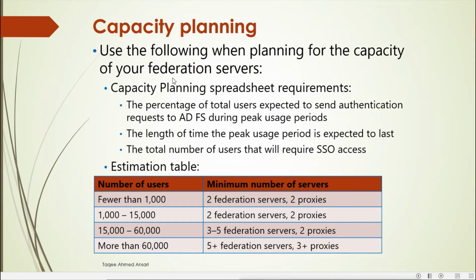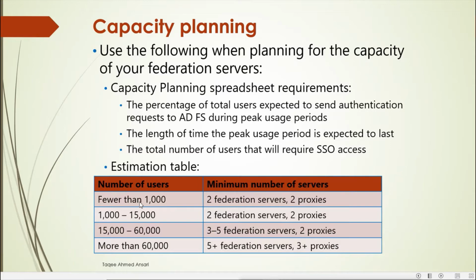Capacity planning. That means use the following when planning for the capacity of your federation servers. The capacity planning spreadsheet requires the percentage of total users expected to send authentication requests to ADFS during the peak use period, the length of time the peak use period is expected to last, and the total number of users that will require single sign-on access. The estimated table is like this: fewer than 1000 users need 2 federation servers or 2 proxy servers.